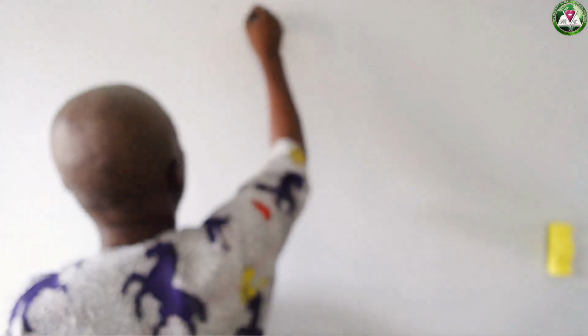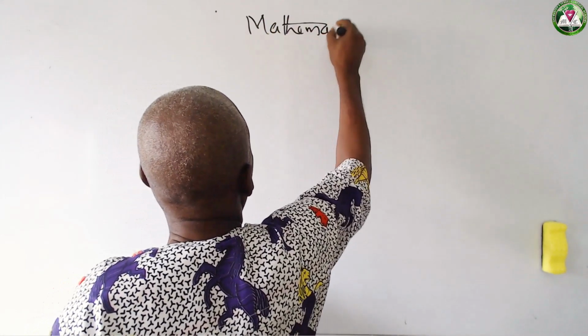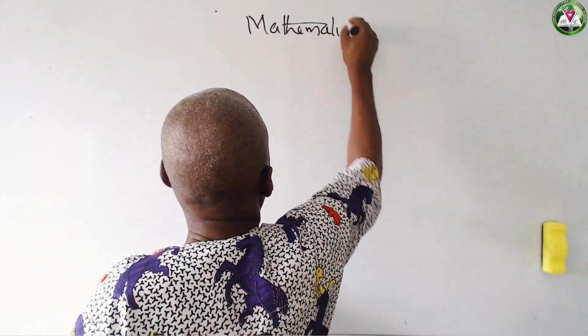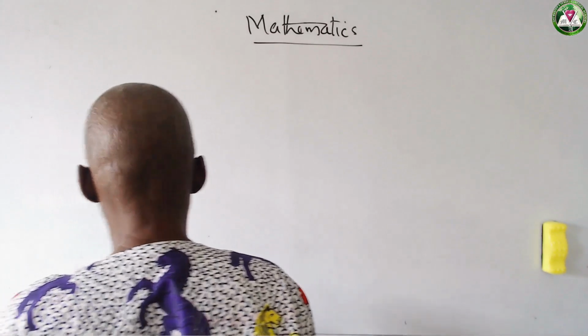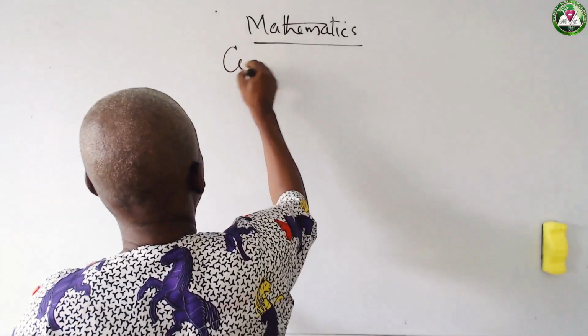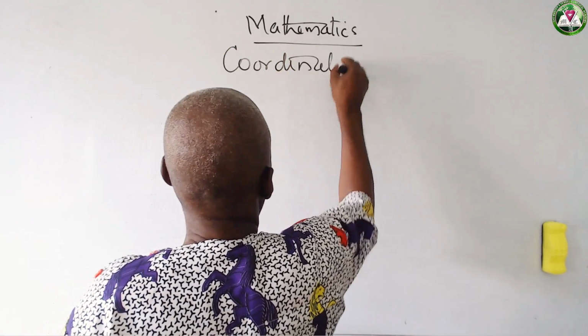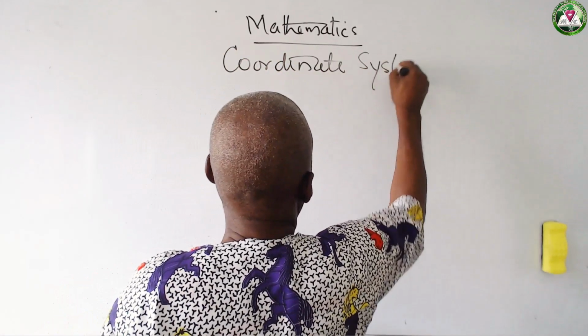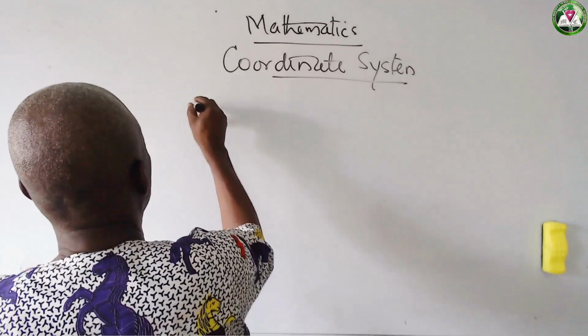The coordinate system is what we are handling. 4 quadrants.